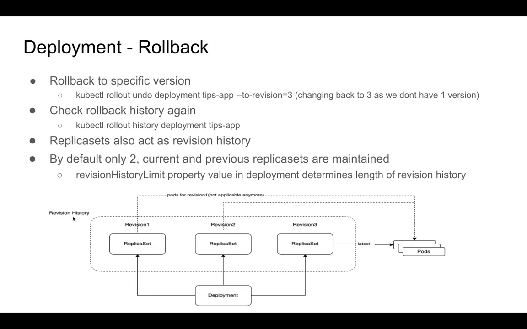So how the revision history works is, you have revision 1 of the replica set, revision 2 of the replica set, revision 3 of the replica set, which are maintained by deployments. Now this is the latest revision, and the replica set's pods for revision 1 are not applicable anymore. Once you upgrade, this will not be applicable anymore, correct?